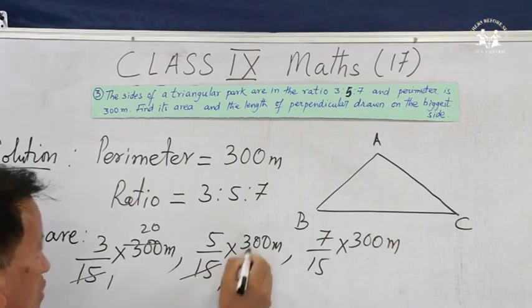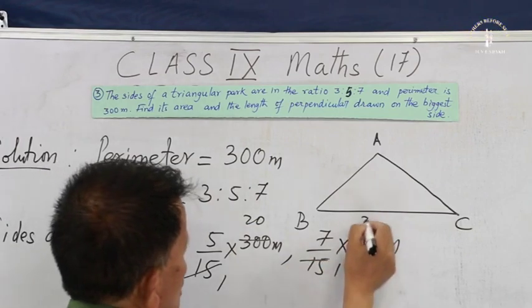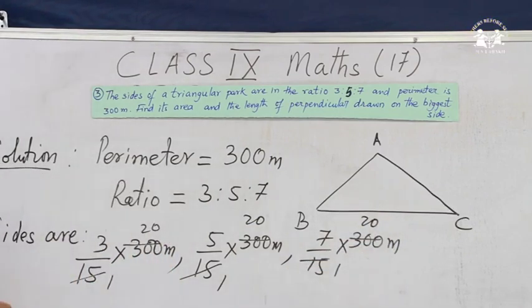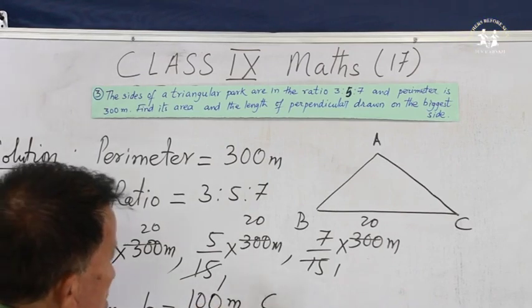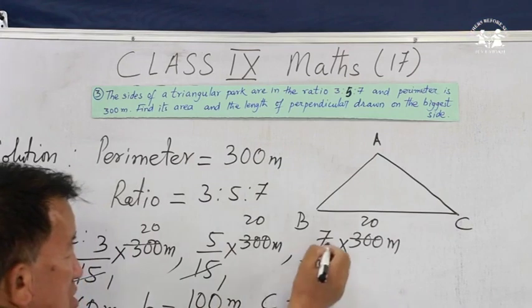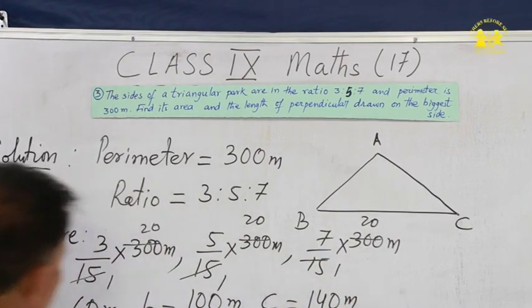So 15 into 20 is 300. Therefore, let's say sides A, B, C. A is equal to 3 into 20, 60 meter. B is equal to 5 into 20, 100 meter. And C is equal to 7 into 20, 140 meter.